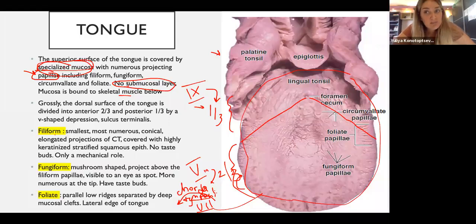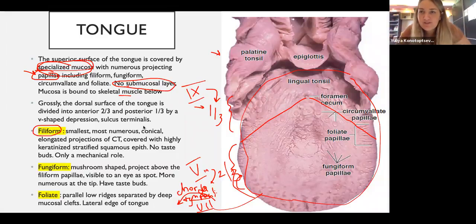What is so special about this mucosa? It possesses taste buds. Most importantly, there's one papilla that doesn't have any taste buds whatsoever. This is called filiform. Filiform papilla are the only papilla of specialized mucosa that lack the taste buds.